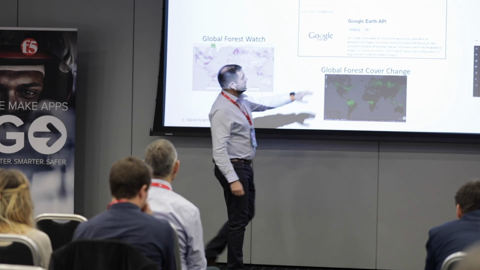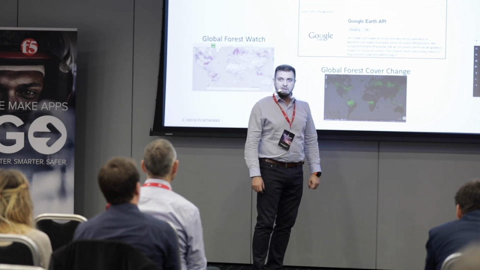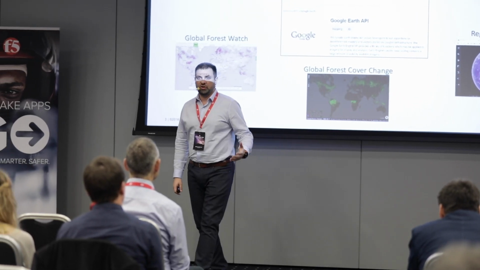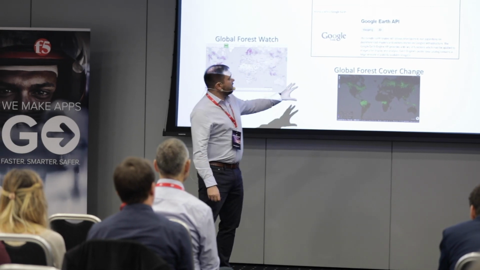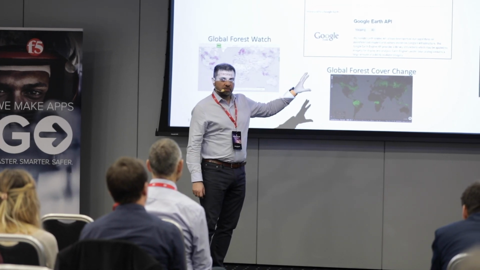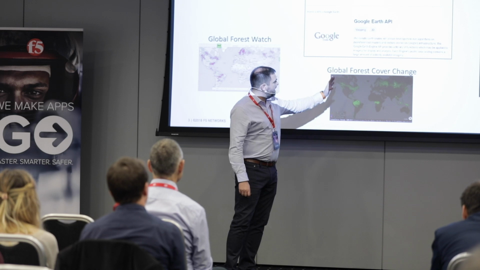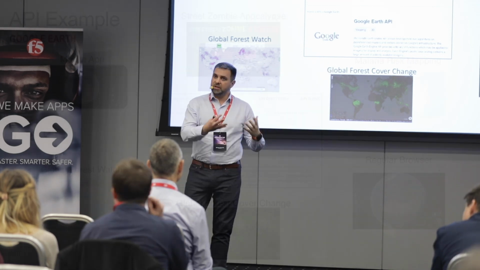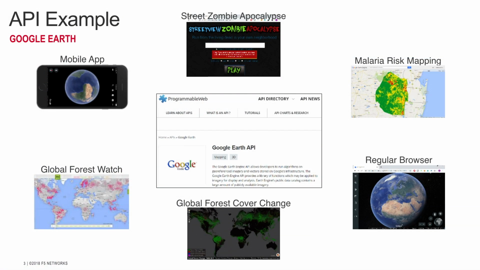For instance, there is a malaria risk mapping application. There is a global forest coverage change application. These are third-party applications which are using API calls through Google Earth, and they are using the intelligence of Google Earth to present information.